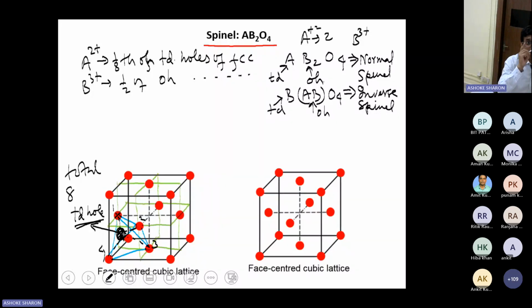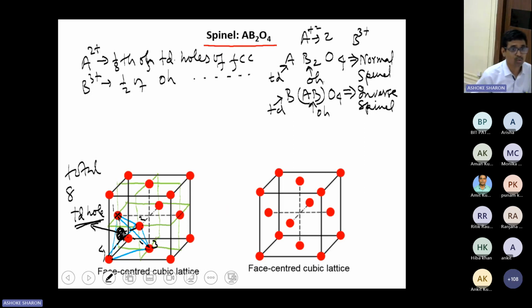In the spinel structure, the dipositive cation occupies 1/8 of these tetrahedral holes. So in the unit cell of the FCC lattice, one of the tetrahedral holes is occupied by A. I think now it is clear how the tetrahedral holes arise and where the dipositive cation A goes.